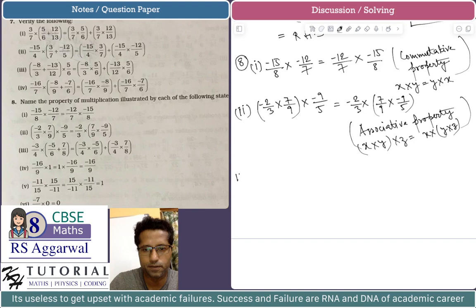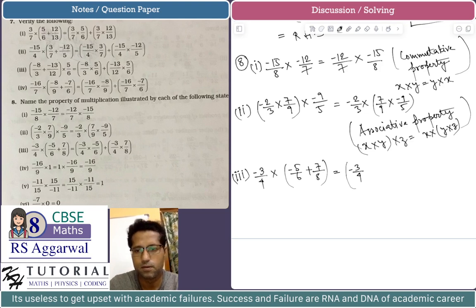Let's see 3. It is given minus 3 by 4 multiplied by minus 5 by 6 plus 7 by 8 is equal to minus 3 by 4 multiplied by minus 5 by 6, and then plus minus 3 by 4 multiplied by 7 by 8.